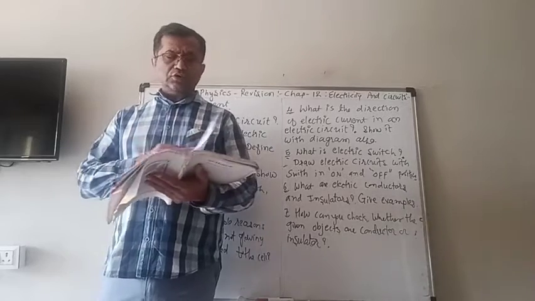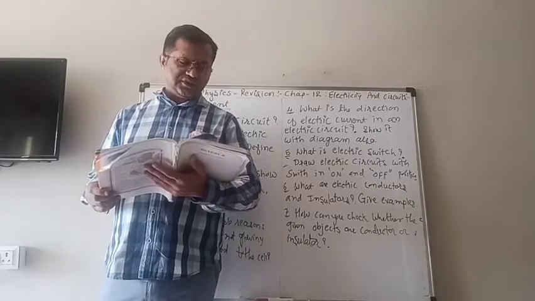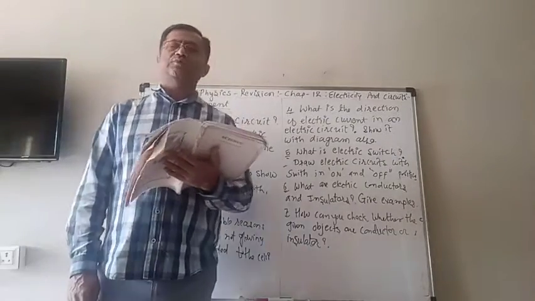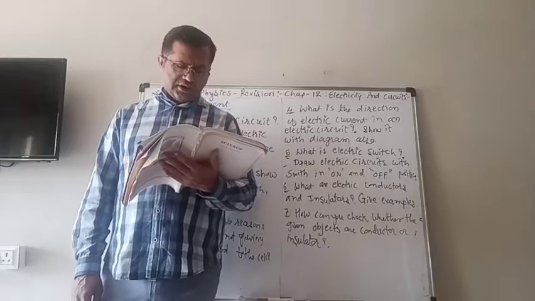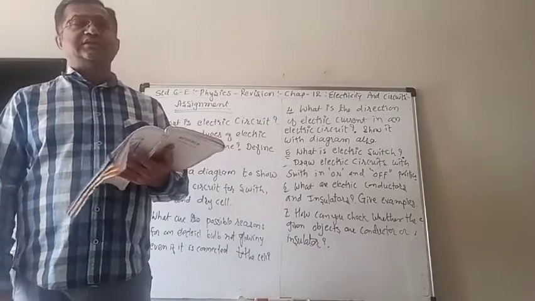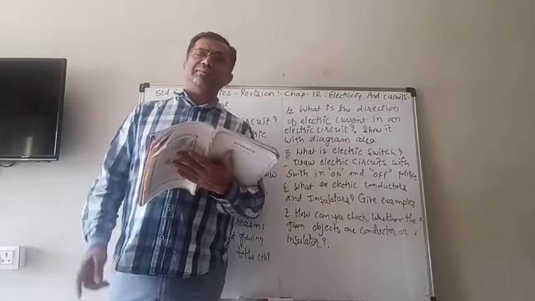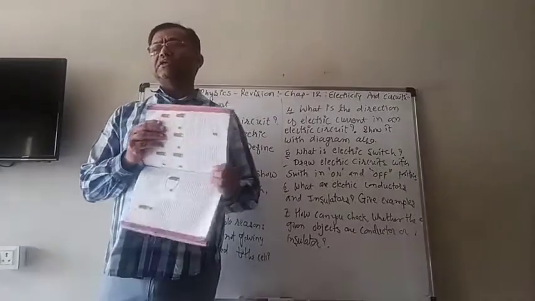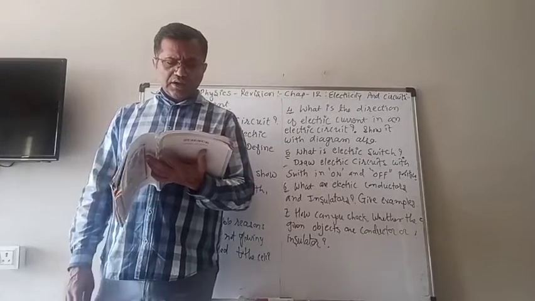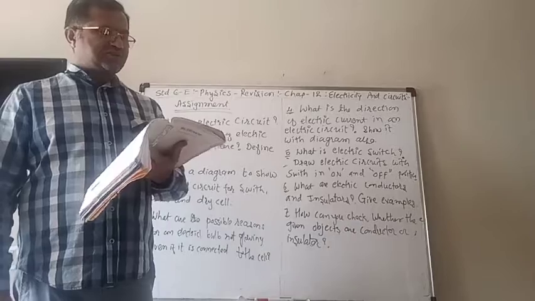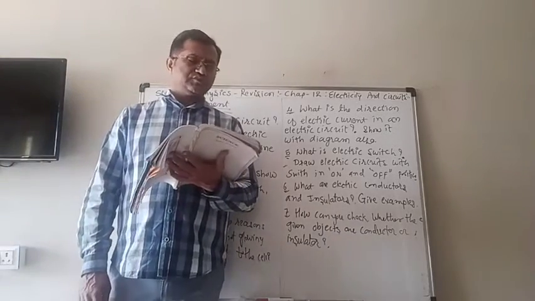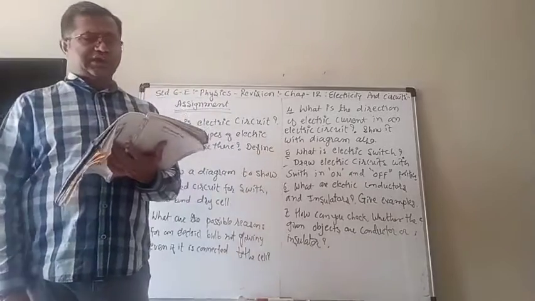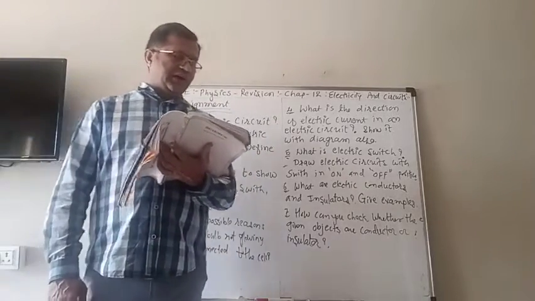So we have to connect the wire from one terminal to the bulb, or a bulb and switch, and then the other terminal of the bulb to the other terminal of the cell. If the connection is properly done, then current will flow in that circuit and the bulb can glow.